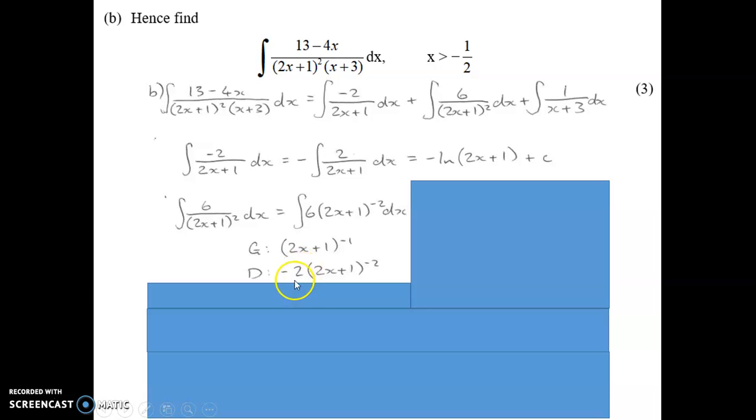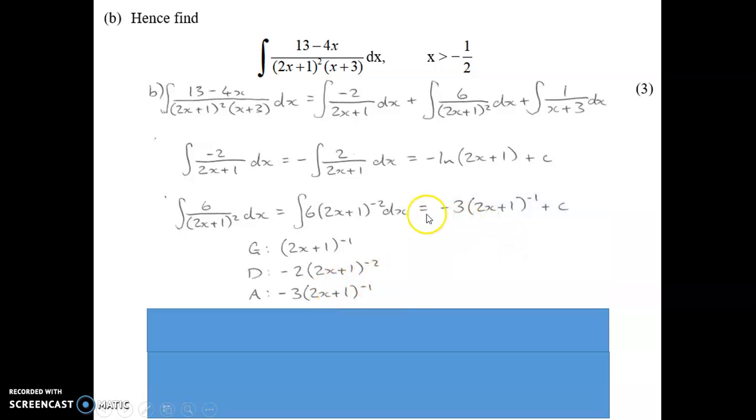Well, I don't want negative 2 outside, I want 6, so I need to multiply this by negative 3, so that when I differentiate it, it would give me the right thing. So that's my adjustment for that one, which tells me that the integral of this one is negative 3 into 2x plus 1 to the negative 1, and again plus some constant.